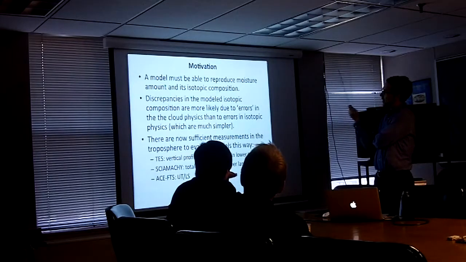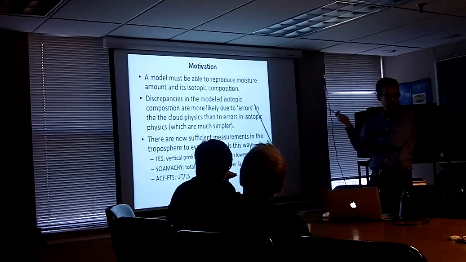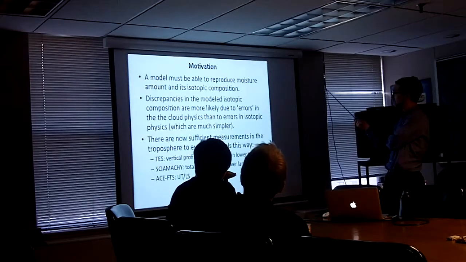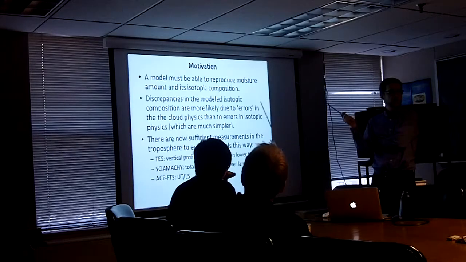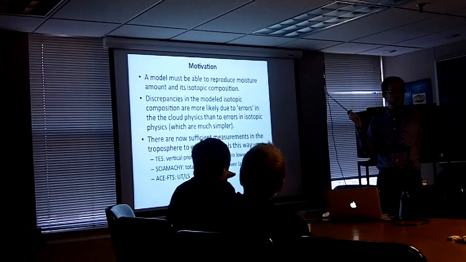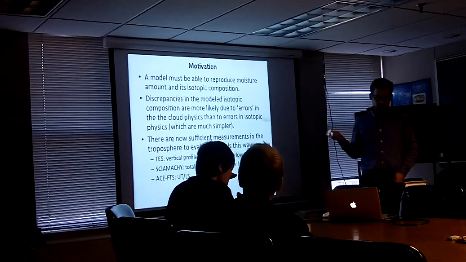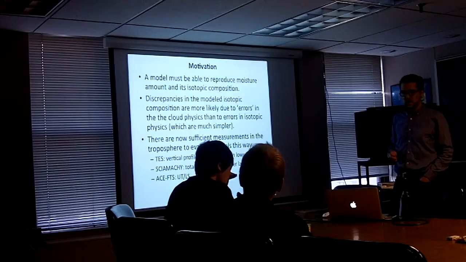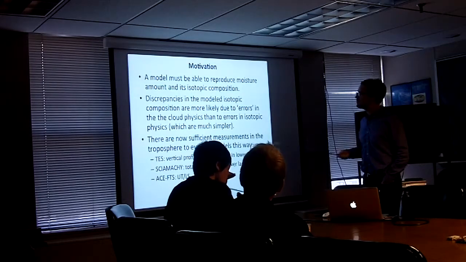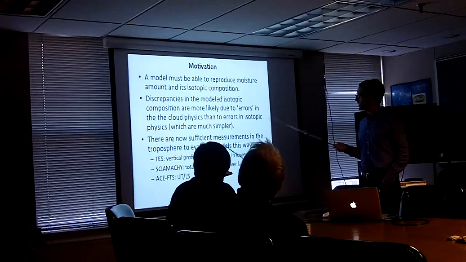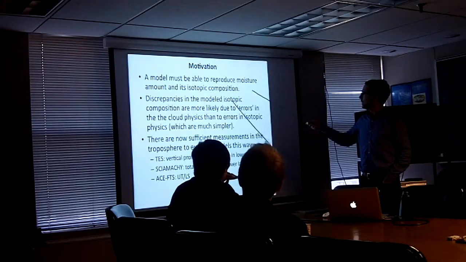So I'd argue that a model must be able to reproduce both the moisture amount and its isotopic composition. And I think that's been a useful idea in UTLS studies of stratosphere-troposphere change, for example, in identifying diffusive versus convective overshoot into the stratosphere, but which hasn't been applied in the troposphere, mainly due to the absence of measurements.